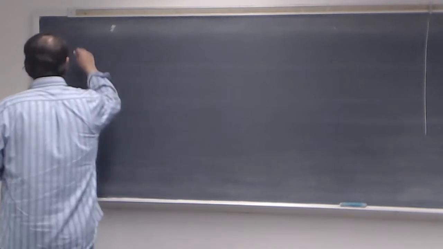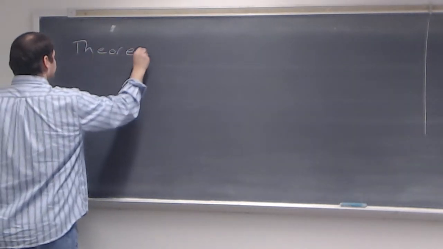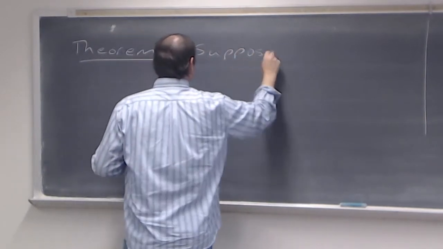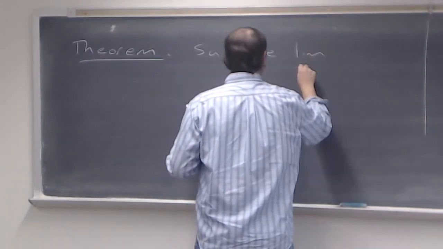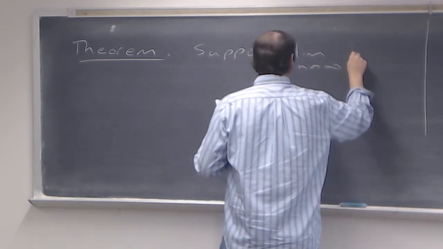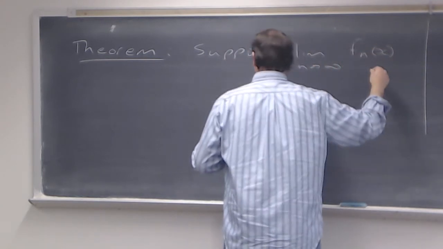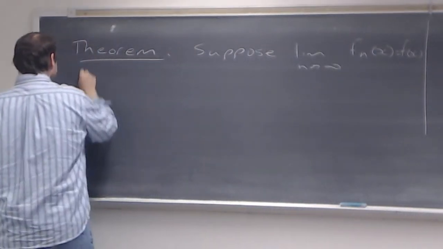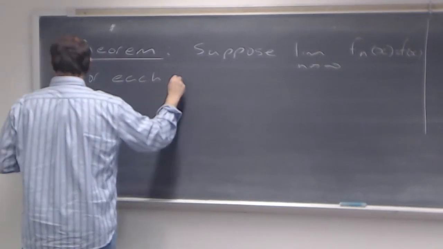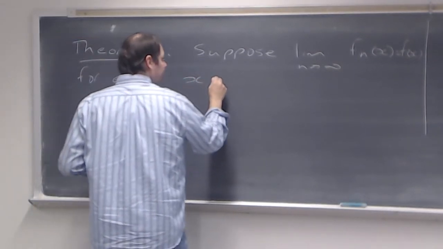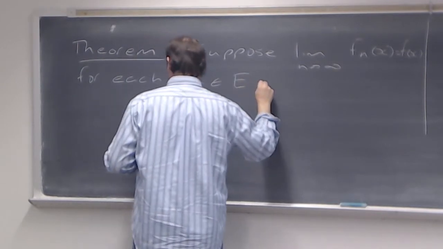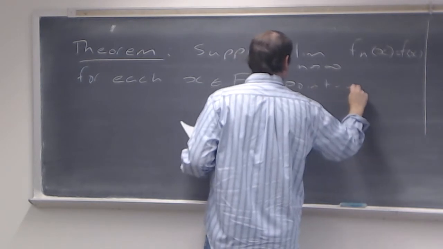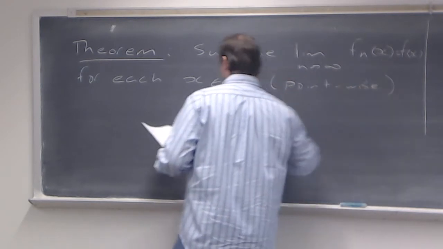Our first theorem is the following. It says, suppose that the limit as n goes to infinity of f sub n of x equals f of x, for each x in some set E. And we're thinking here this means pointwise convergence.